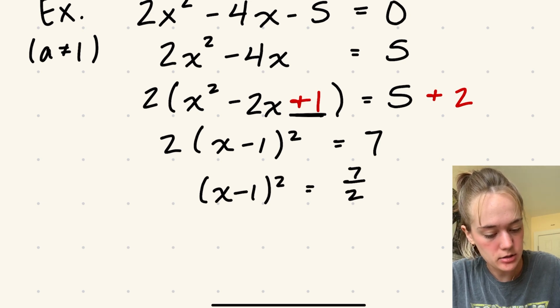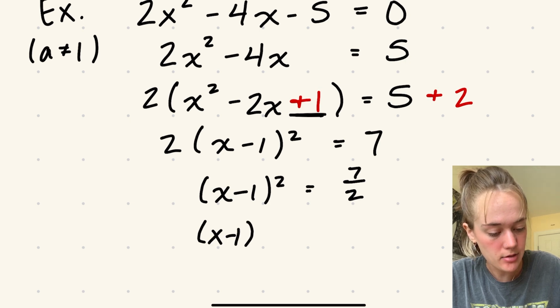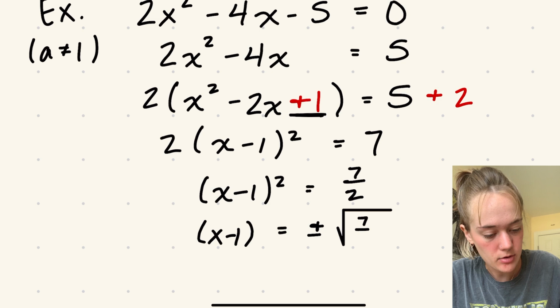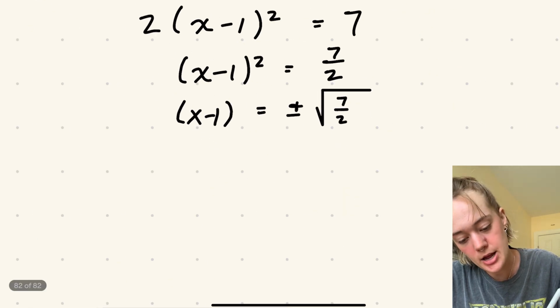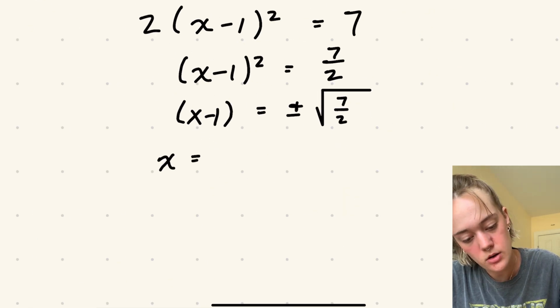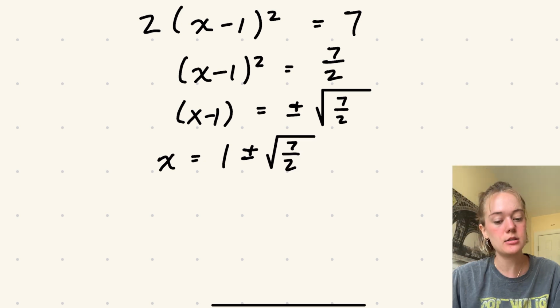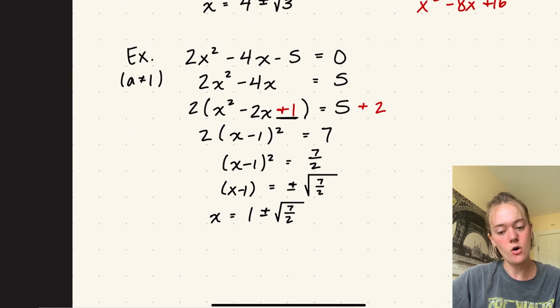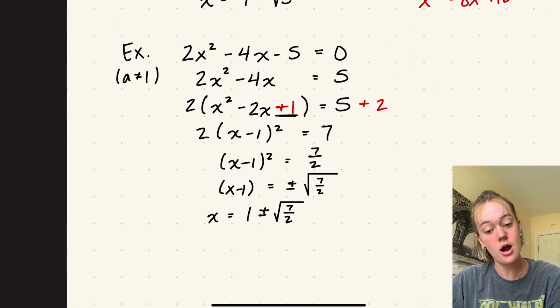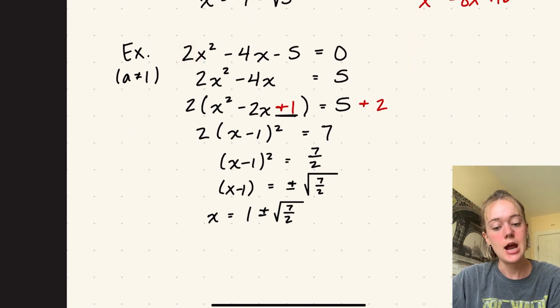And then I'm going to want to square root that, right? Get rid of that squared. So I have plus or minus root 7 over 2. Last thing to get the x by itself, I'm going to want to add a 1 to both sides. And there we have it. x is equal to 1 plus or minus root 7 over 2.